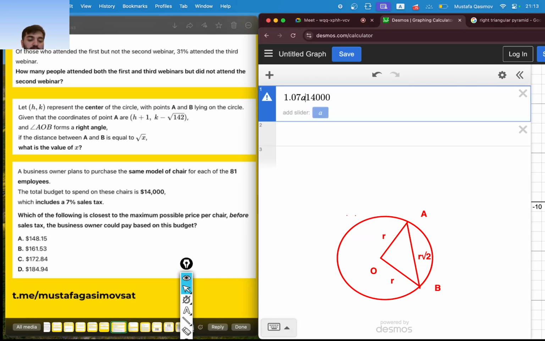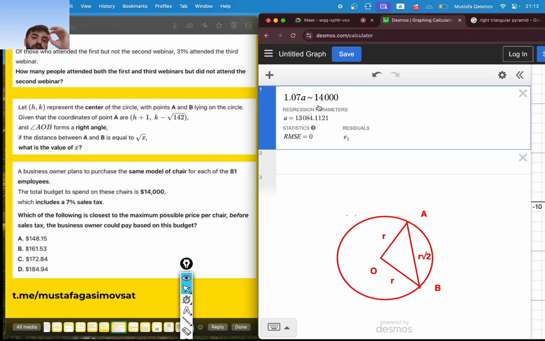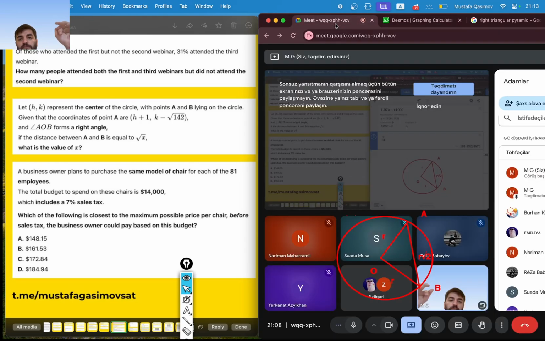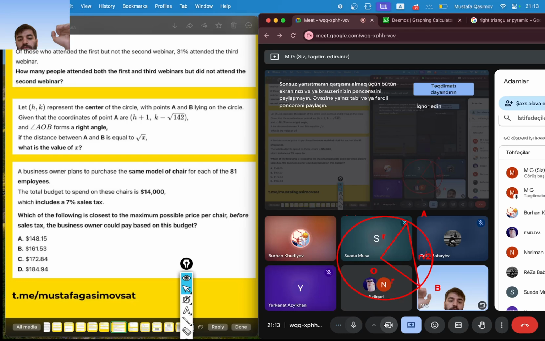From here you can find this one, so it will be 13,084, right? Then it is for 81 people, so you have to divide A by 81 like this, so it will be 161. Is it clear? Yes. Okay.